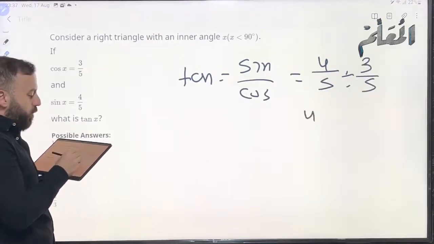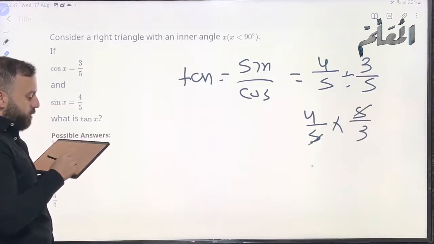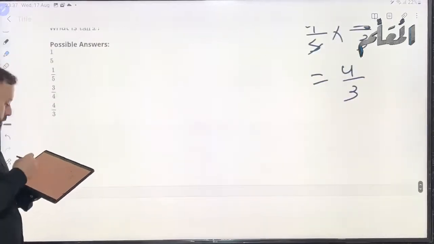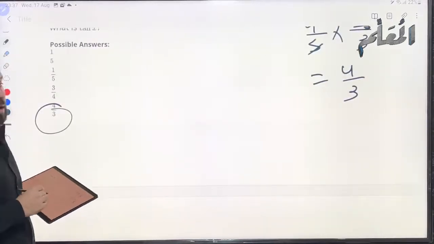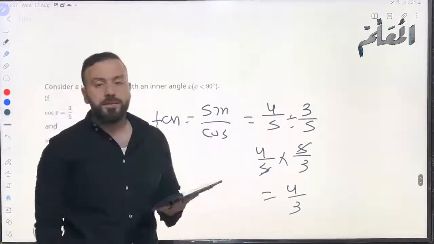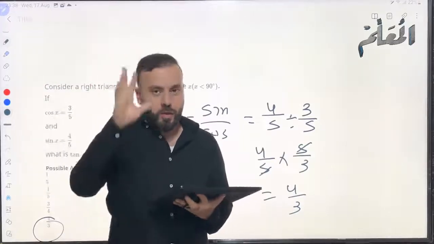Remember chapter 2, so 4/5 multiplied by 5/3. This 5 cancels, so the answer is 4/3. So dealing with tan, tan is equal to sine over cosine. That's it.